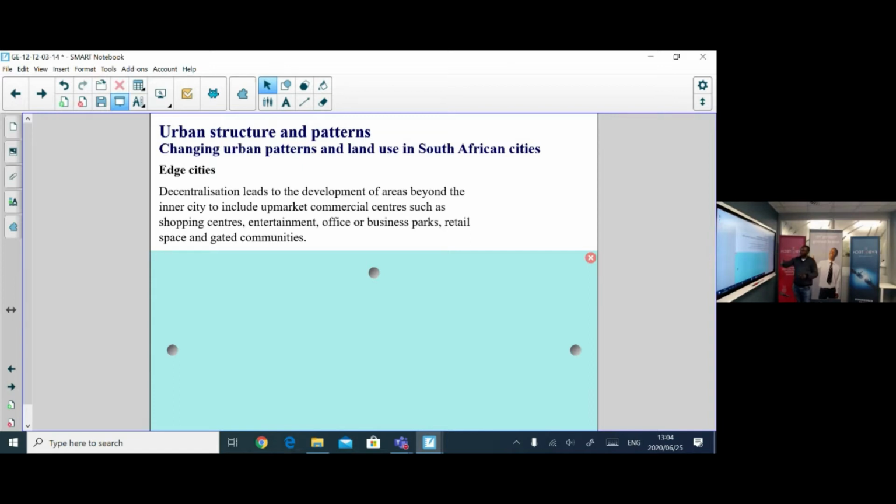So decentralization leads to the development of areas beyond the inner city to include upmarket commercial centers such as shopping centers, entertainment, office and business parks, retail space, and gated communities.